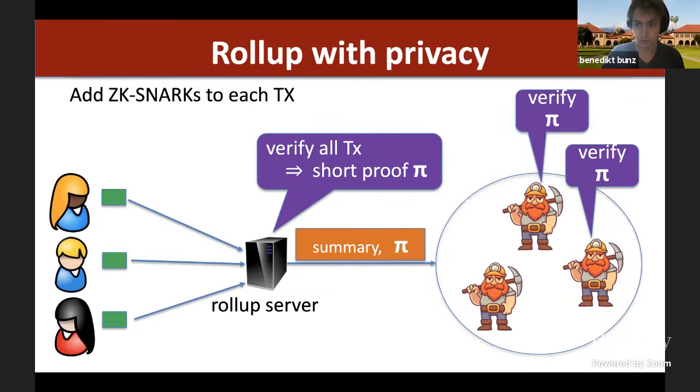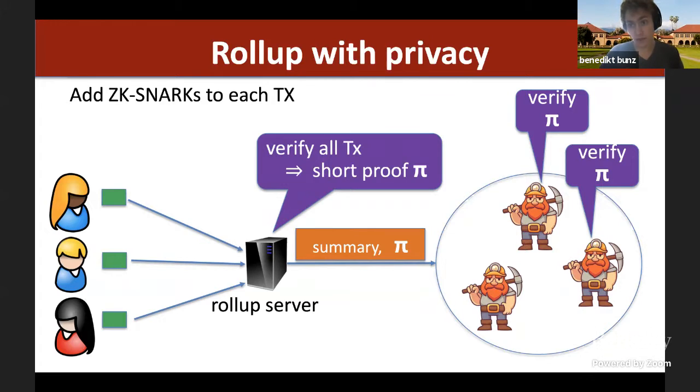And if these commitments are hiding, then there's no privacy leak. The details of the transactions don't have to get revealed. But now the Rollup server still has to verify the transactions and provide a proof that it did this correctly.